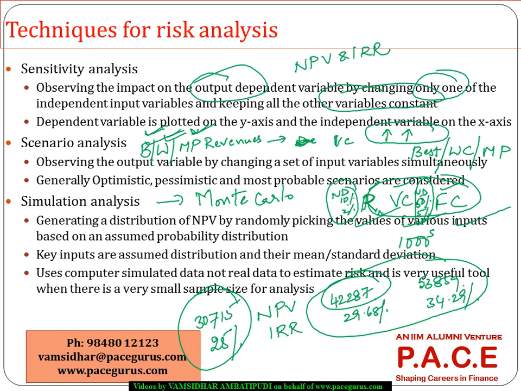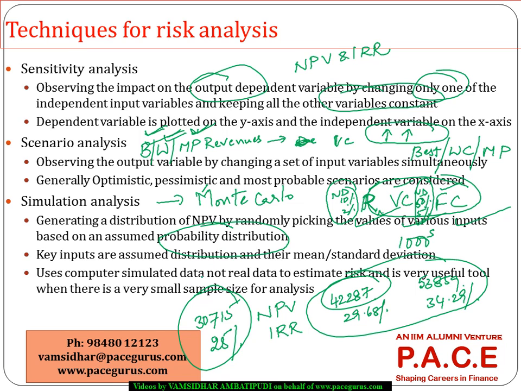Rather than thinking through 3 or 4 scenarios and looking at the NPV and IRR in each of the cases, we are asking the system to generate thousands of such inputs based on some assumed distributions, and for each of the runs we are computing the NPV, and finally seeing the distribution of the output. The distribution of the NPV and IRR is what we are looking at.